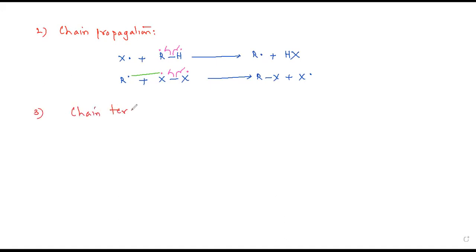Then coming to chain termination. See, in chain termination, any two free radicals combine. Now remember, this chain termination step is always exothermic.